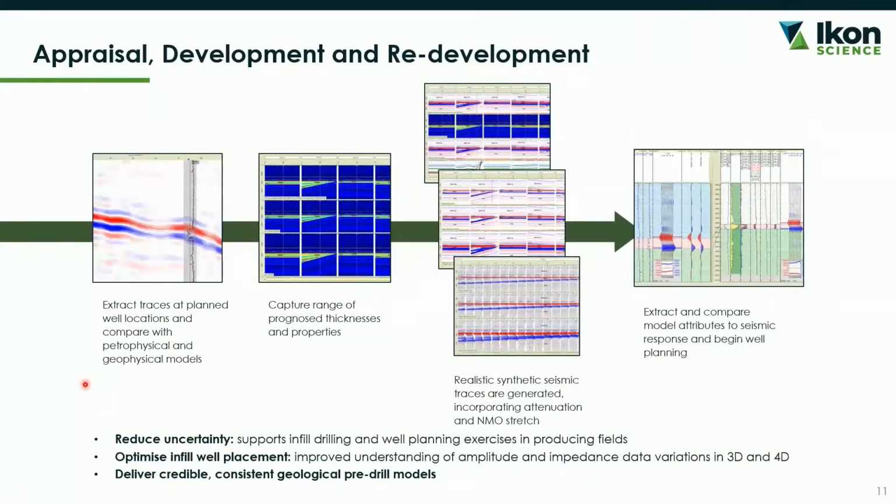For appraisal, development, and redevelopment, you have the option to extract the traces at planned locations and compare those outputs with the petrophysical and geophysical models that you have. The thickness and net to gross perturbation is a key part of that comparison.